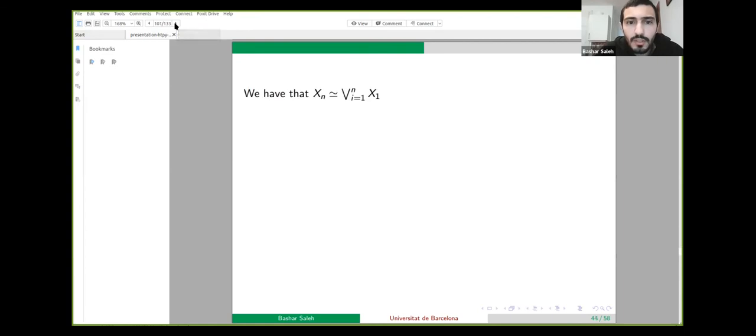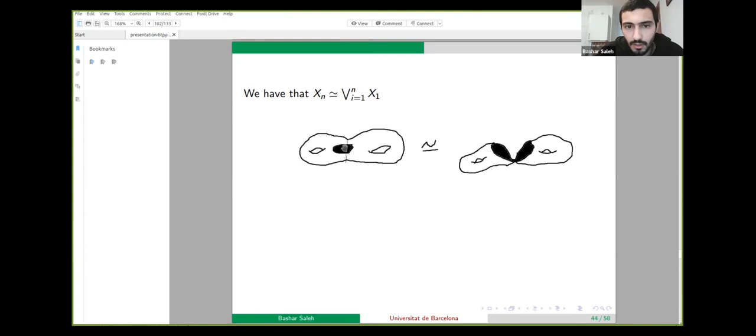So now let's look at this. If we have X_n, which is the n-fold connected sum of a manifold with itself, and then you remove a disk from it, this is equivalent to the wedge sum of these manifolds with a disk removed. So we have a weak equivalence like this.